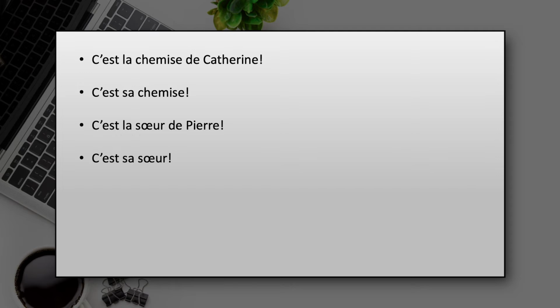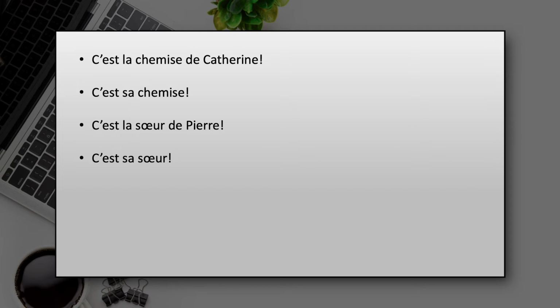C'est la chemise de Catherine. Here, the owner of the shirt is Catherine, a woman. So, in both cases, we might get confused since it's a girl and the chemise is also a feminine word.